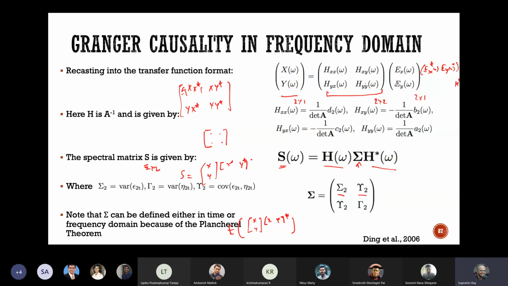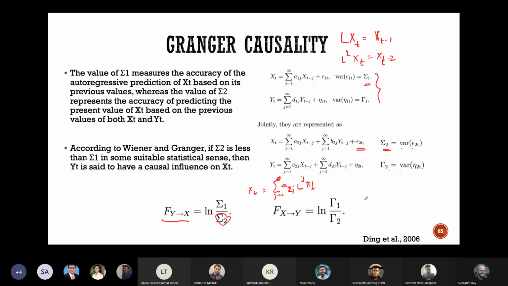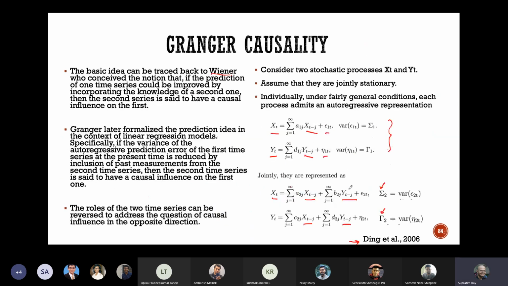Now this will become a 2 cross 2 matrix, and its expectation is just this. And this sigma 2 and gamma 2 is actually the same as what you had here, this sigma 2 and this gamma 2.